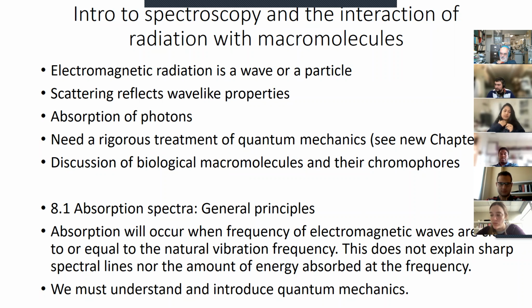So you need a quantum mechanical understanding of this. As I say, the other edition of Van Holde gives you an introduction to that. When Van Holde got two other authors, Johnson and Ho, they're the ones who brought that to the table and gave an expanded treatment of that.